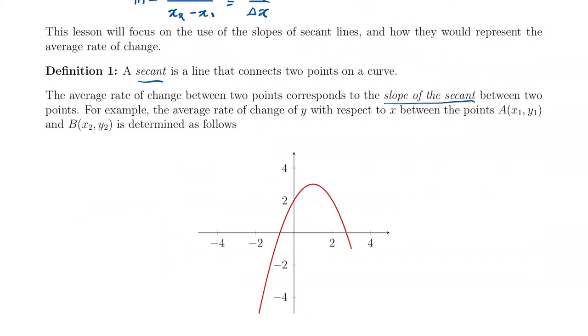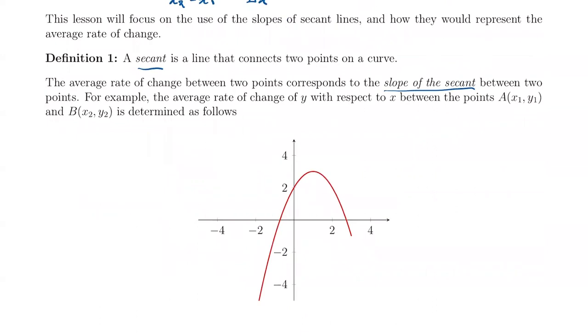So let's say we have the plot given below, and we pick 2 points from it. Let's say this point over here, call it point A, which corresponds to x1, y1. And then we take a point over here, call this B, which is x2, y2.